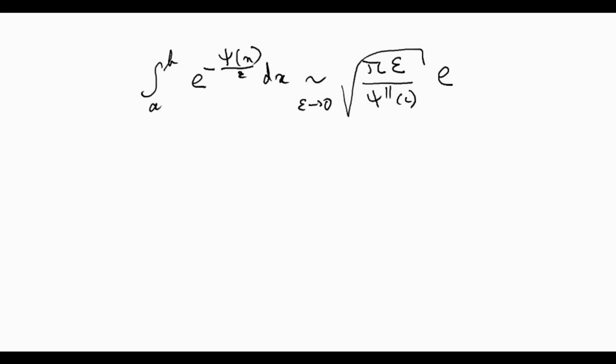Here we had to multiply by exponential minus the minimum of psi in the interval AB divided by epsilon. So this is the behavior of this quantity, plus a term that is exponentially small, plus exponentially small terms of constant divided by epsilon.